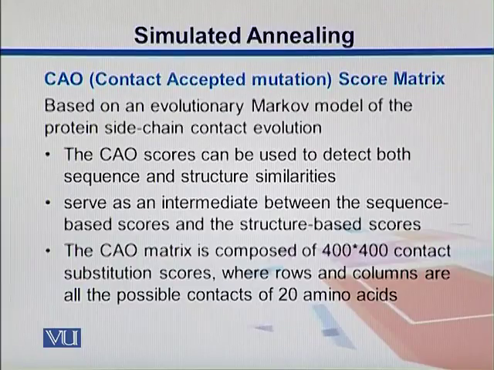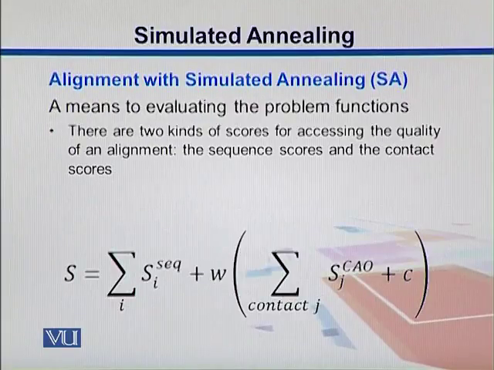Mainly these kinds of approaches you will go and read in your structure prediction course or protein structure prediction problems. The score is the overall sum of the sequence scores plus the score which we get from this contact matrix. So there are two kinds of scores for assessing the quality of an alignment: the sequence scores and the contact scores. The scoring function is present down below.